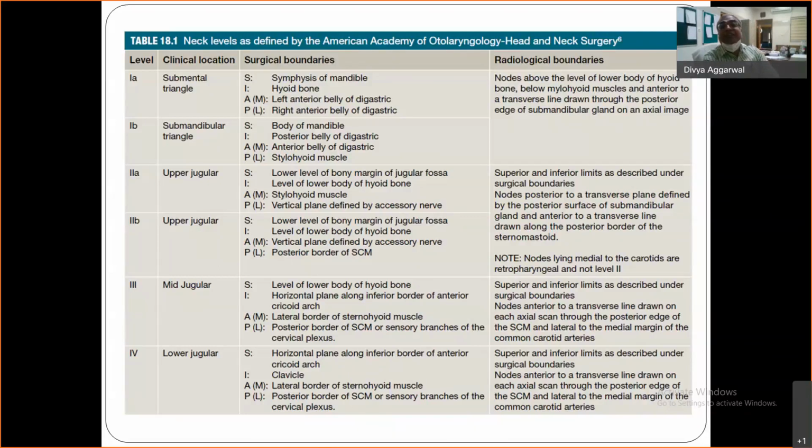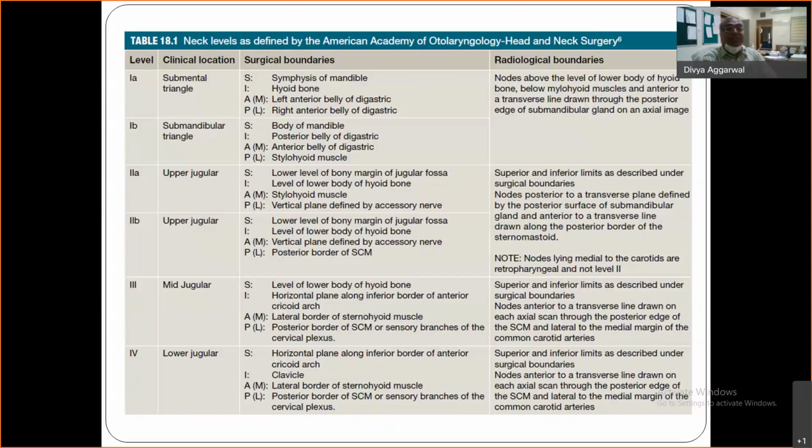Now, there is a radiological boundary also. You need to know this also. I'm not going into the details, but just for your knowledge, the level 1A and 1B levels have been classified radiologically also. For 2A and 2B, the landmarks are first the hyoid, then the cricoid, and then the sternal notch.